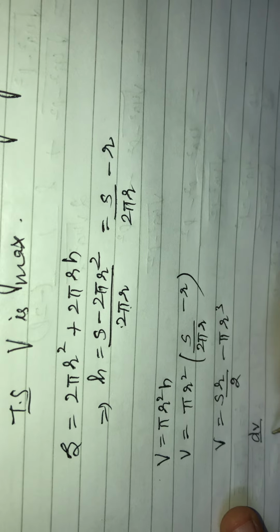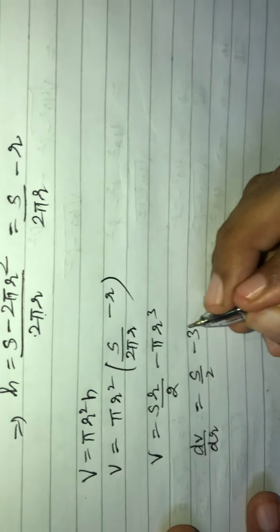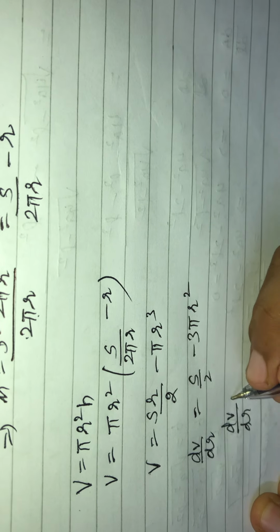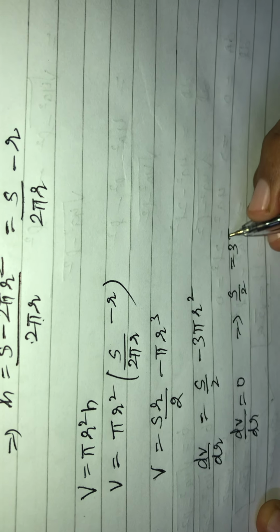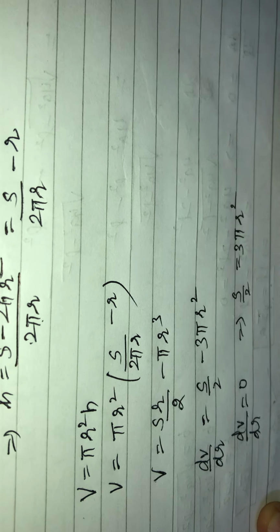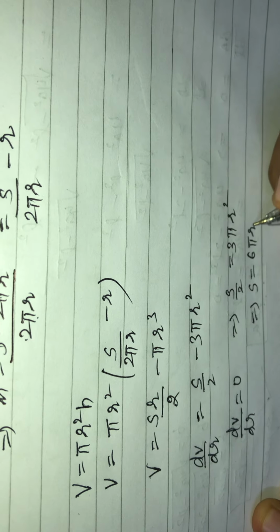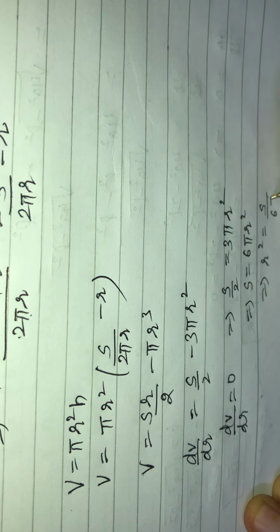So dV by dr. Now the variable is r. So S by 2 minus 3 pi r square. So equate dV by dr equal to 0. So you will be getting S by 2 equals 3 pi r square. So basically S is 6 pi r square, or we can write r square as S upon 6 pi.